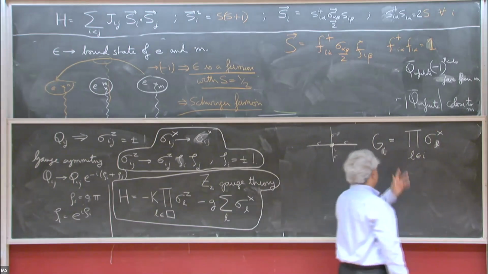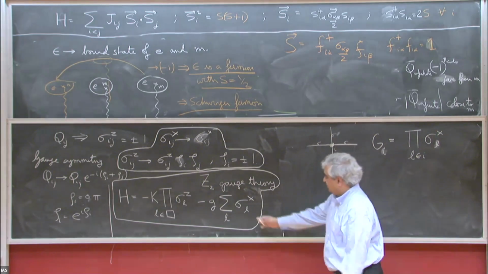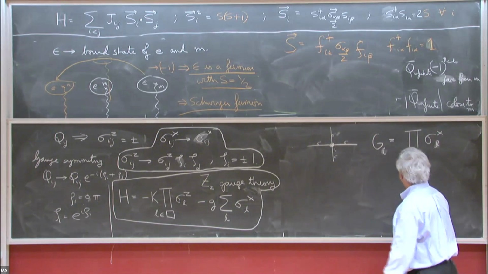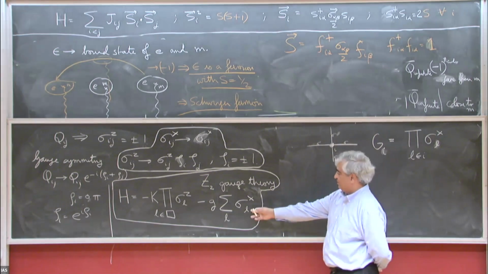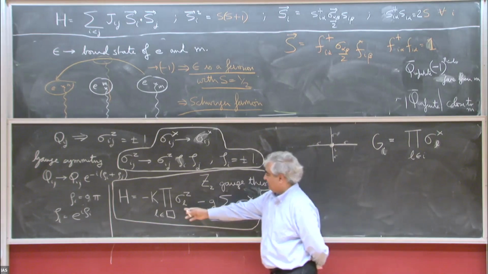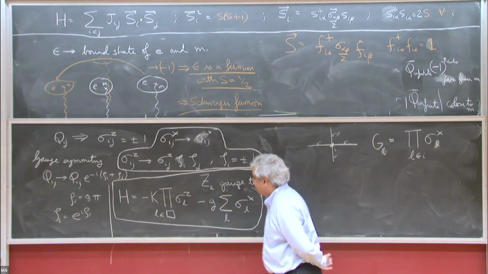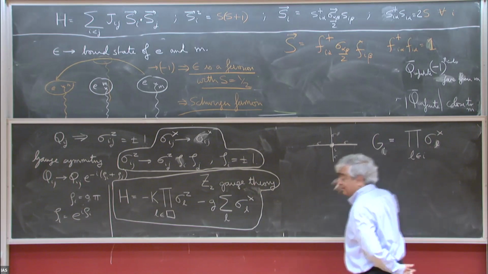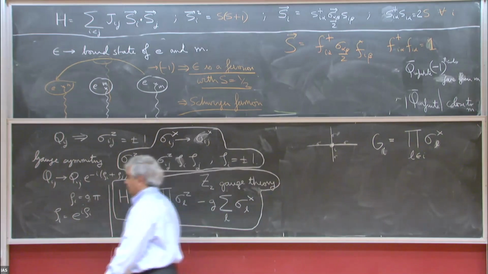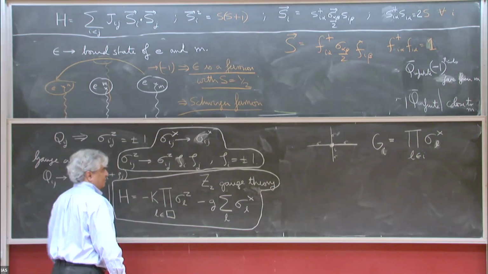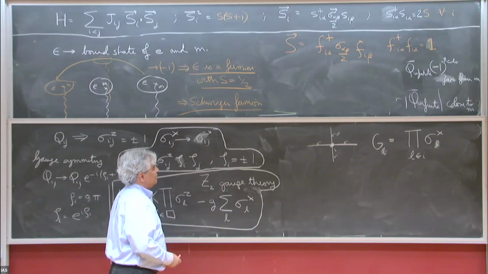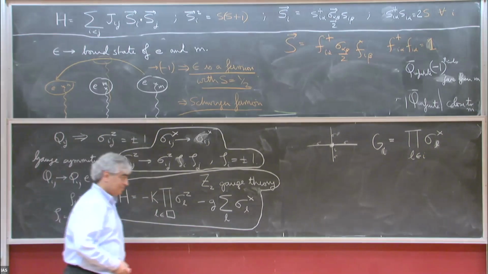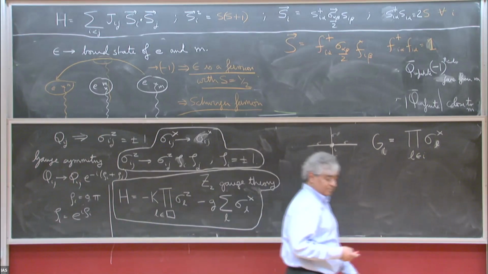Now this operator commutes with this Hamiltonian. Again, very easy to check. First of all, most importantly, of course, it commutes with the sigma x terms. But why does it commute with the sigma z terms? Sigma z does not commute with sigma x, but it does anti-commute: sigma z sigma x is minus sigma x sigma z.